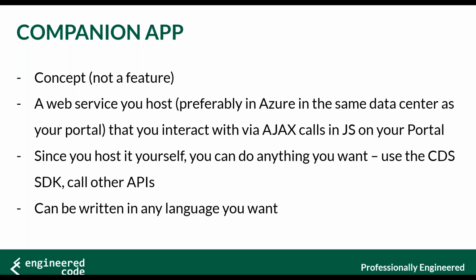So if you want to interact with CDS data, you can certainly do that in your companion app. If you want to interact with data from a completely different system, you can do that. If you want to talk to other APIs, you can do that. The other thing is that you can write that in any language you want. You don't have to write it in .NET. You don't have to write in C# or VB or anything like that.